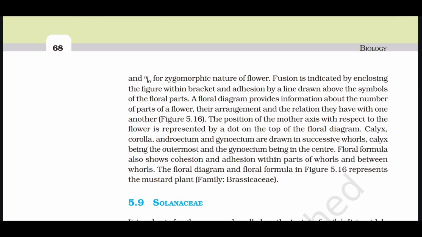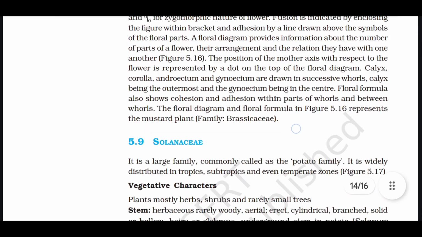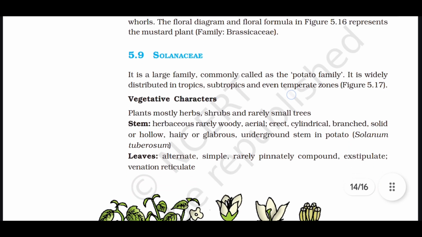Calyx, corolla, androecium, and gynoecium are drawn in successive whorls, calyx being the outermost and the gynoecium being in the center. Floral formula also shows cohesion and adhesion within parts of whorls and between whorls. The floral diagram and floral formula in figure 5.16 represent the mustard plant family Brassicaceae.